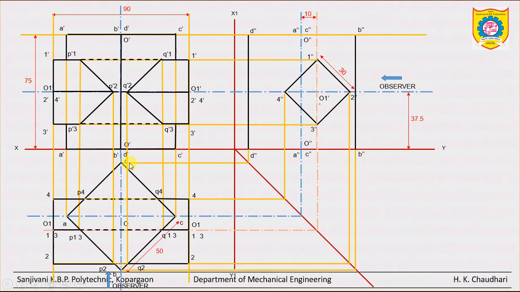And similarly this D point is also outside the intersection. So very easily when we observe this intersection from this left side, these edges B and D have no cut or intersection, so we have made them thick.